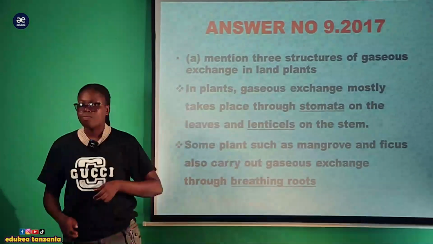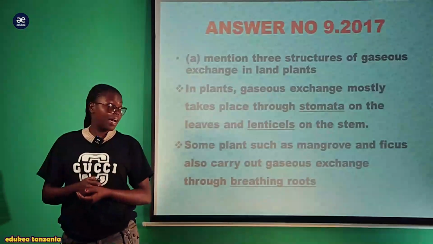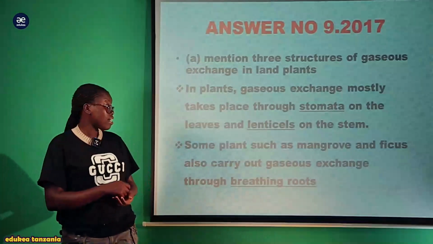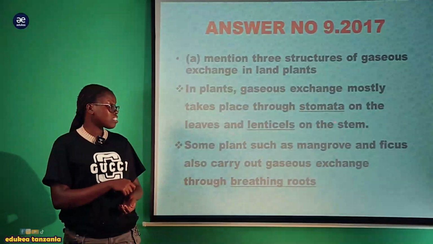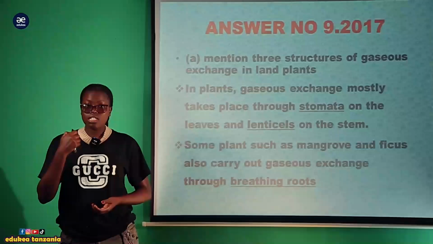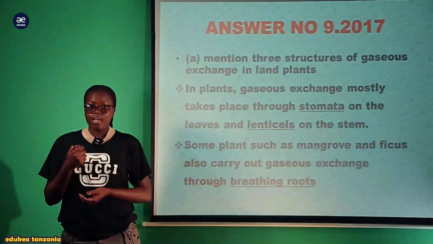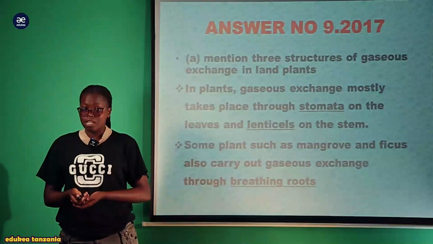So the structures for gaseous exchange in land plants are stomata, lenticels, and breathing roots. For further explanation, the stomata are found on the leaf, and the lenticels are found on the stem. And for waterlogged plants, for example the mangrove, they tend to perform gaseous exchange through the breathing roots.